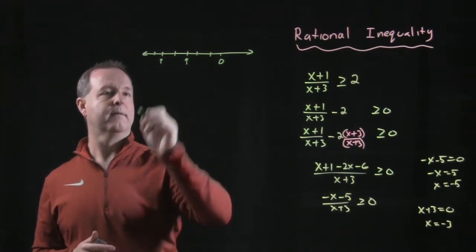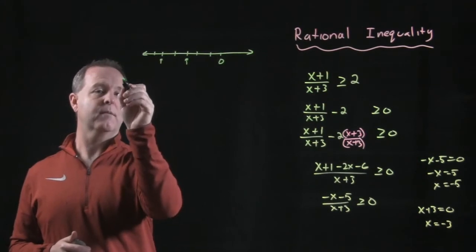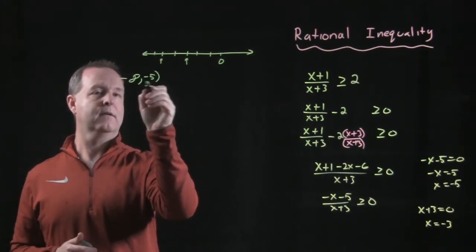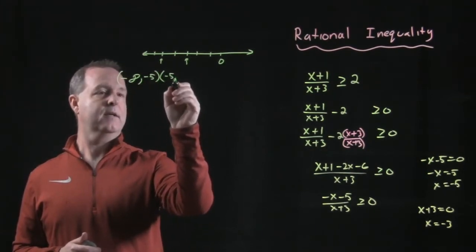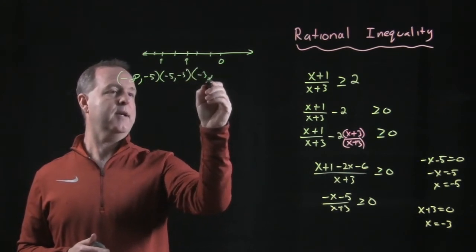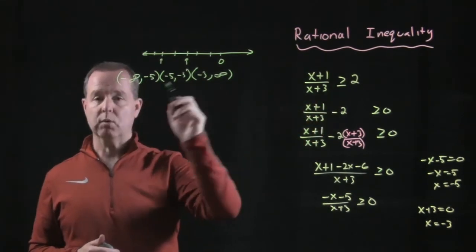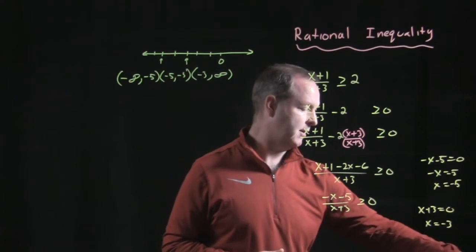And 1's right there. So I have 3 sections to choose from. One section is from negative infinity to negative 5. Another one is from negative 5 to negative 3. And the other one's from negative 3 to positive infinity. I do know that it's also an equal to, so these are hard brackets in between, which I'll change here in a moment.